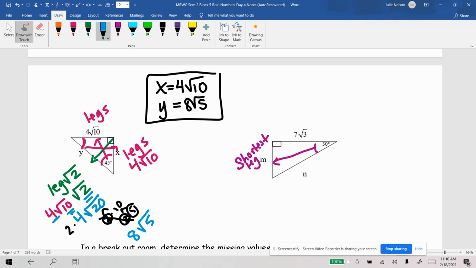Across from the 90 degrees, that is always 2 times the shortest side. And across from the 60 degrees, that is always the shortest side times the square root of 3.